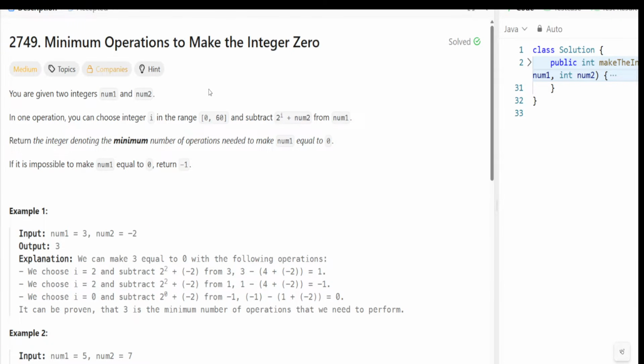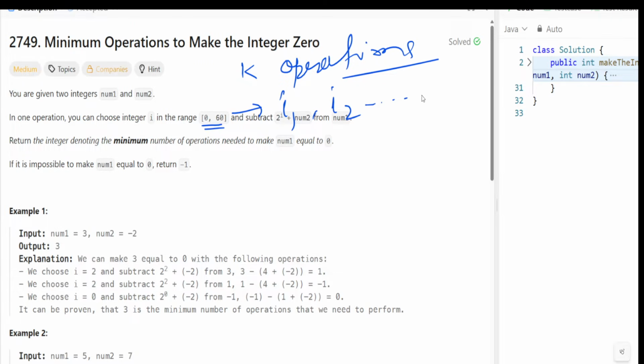Very first, what is the idea behind this? Let's suppose we perform k operations. Then there will be some indices in this range, let's say i1, i2, and many other indices, from 1 to k.